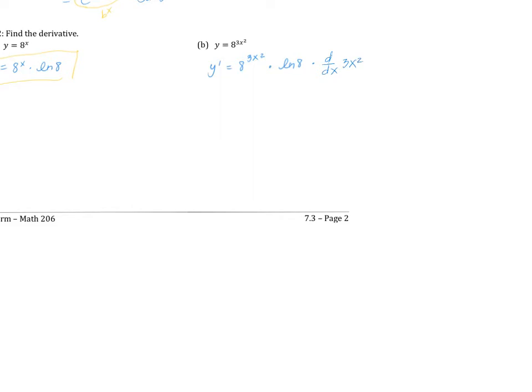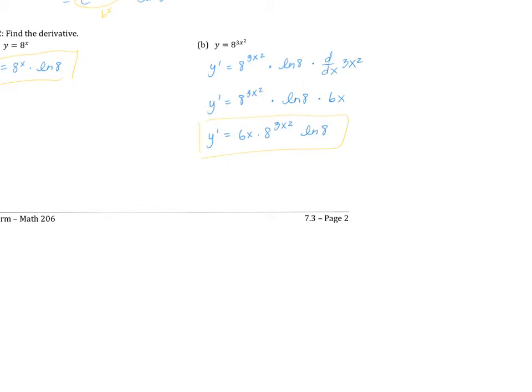So again, we had to use the chain rule here, and that's just going to be 6x. Putting this all together, the derivative is equal to 8 to the 3x squared times the natural log of 8 times 6x. Typically I like to put the 6x in the front, so there's no confusion on whether it belongs to the natural log or not, which it doesn't. And I'm done.